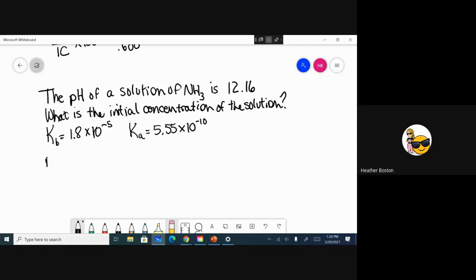If the pH is 12.16, in your calculator you would do inverse log, so second log of the negative pH, and I get a concentration of H plus, if I needed it, of 6.92 times 10 to the minus 13 molar.